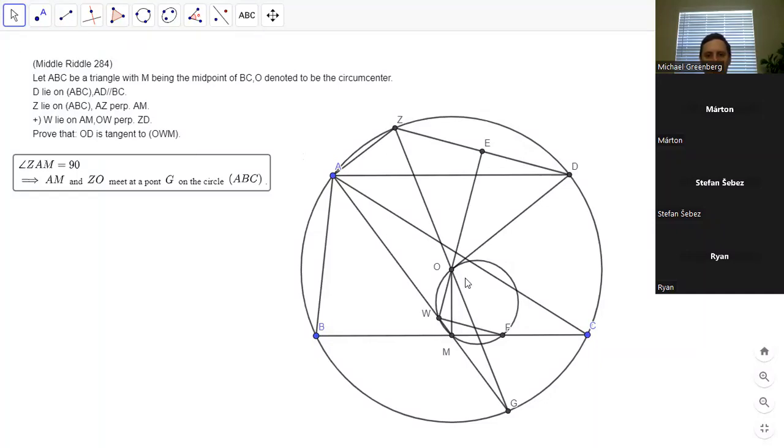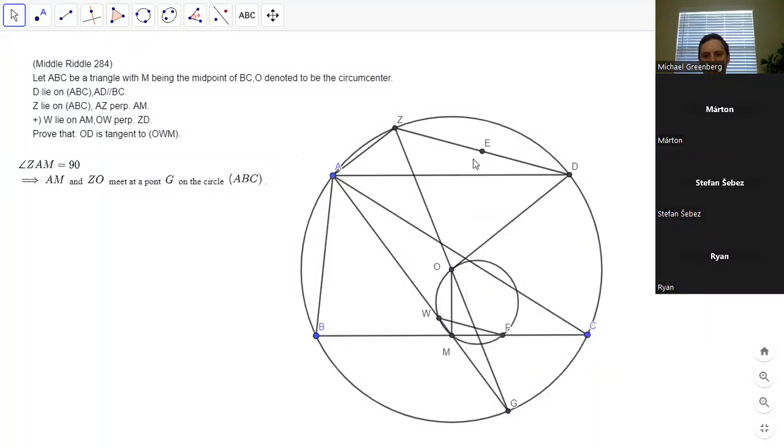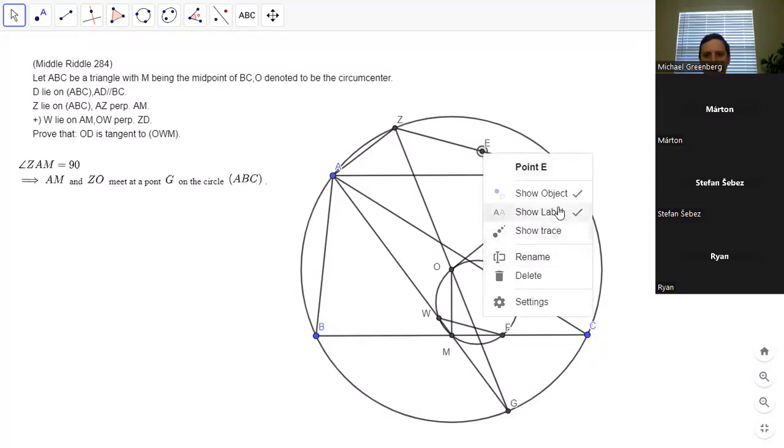And then so yeah, we know OZD is isosceles. So yeah, I don't even know if we need point E really. I don't think we do. So yeah, let's write this out.